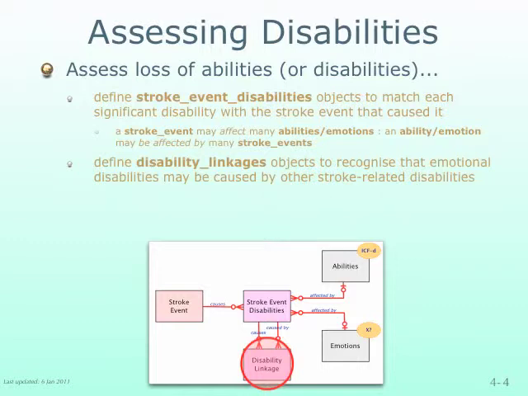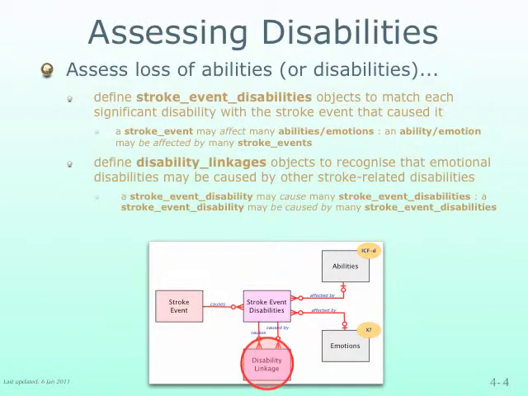This relationship can be expressed in the following way. A stroke event disability may cause many stroke event disabilities, and a stroke event disability may be caused by many stroke event disabilities.